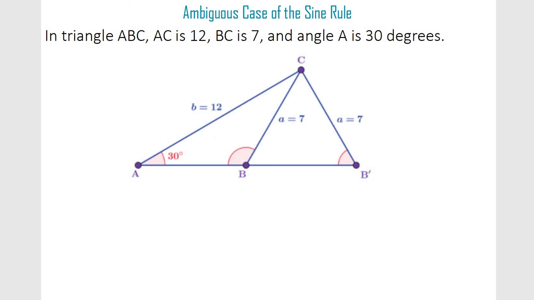And you're probably thinking, okay, when does that happen? How do I know to look out for that? Well, there is a clear-cut way. Notice I have an angle, a side, and a side. So remember, side, angle, side, all that good stuff.